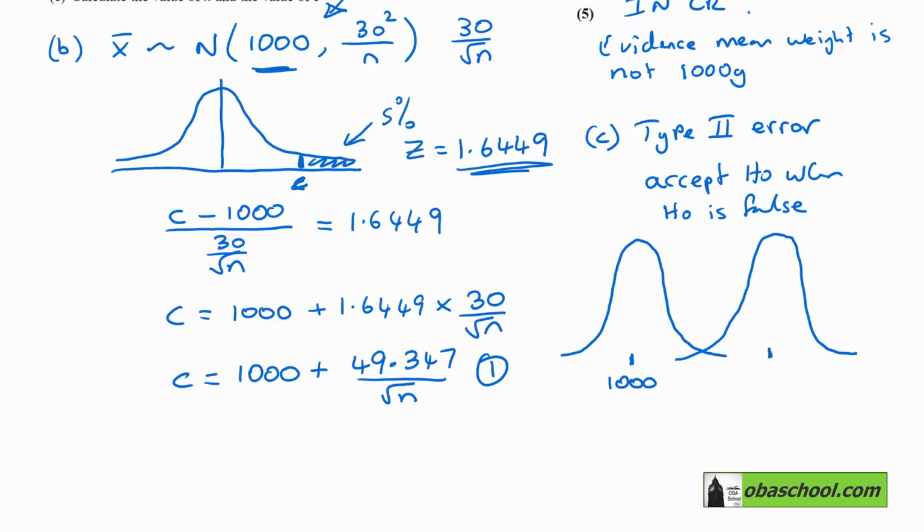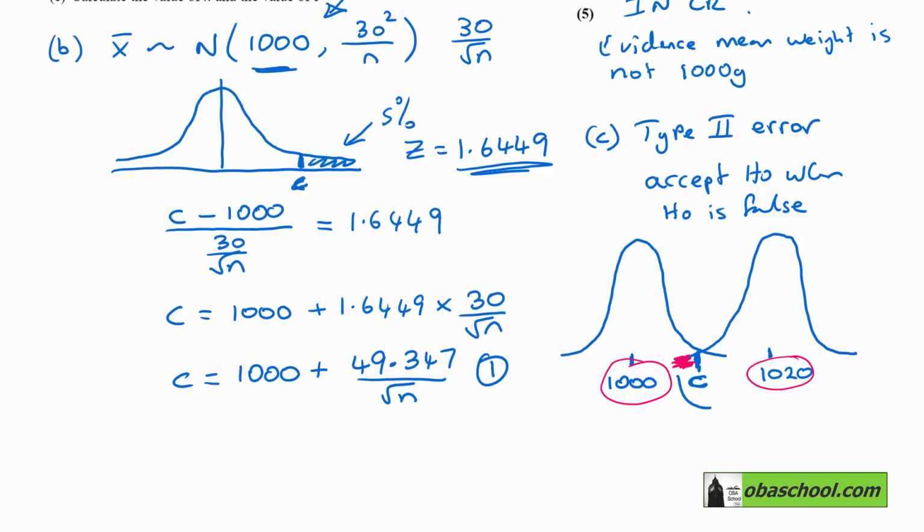And this one here has its mean as 1020. And the value of c is in here somewhere. We're going to be after our actual value being here, so that it gets accepted. So we accept the H0 is 1000, even though this is 1020. So this is our value of c just here.